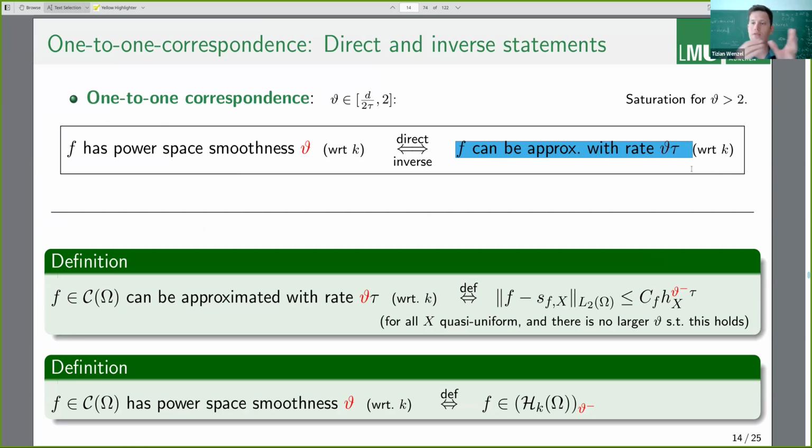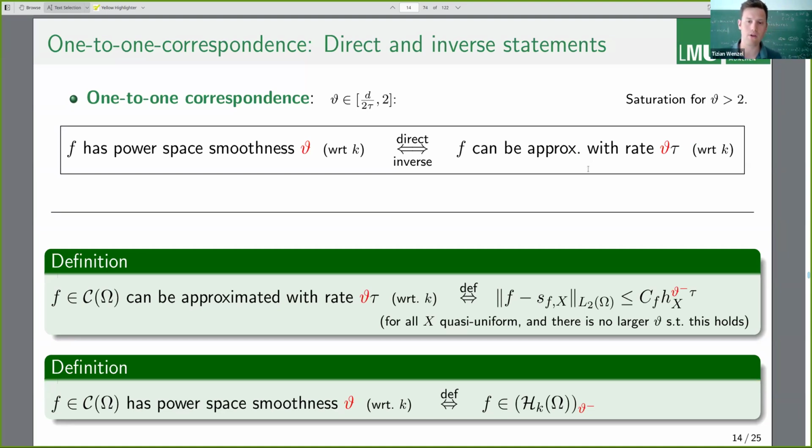And now with help of the inverse statements, this also works the other way around. So if we can approximate a function with a given rate, we can also conclude that we have some power space smoothness here. And this is now really the important result here, that we have a one-to-one correspondence between this power space smoothness and the rate of approximation.